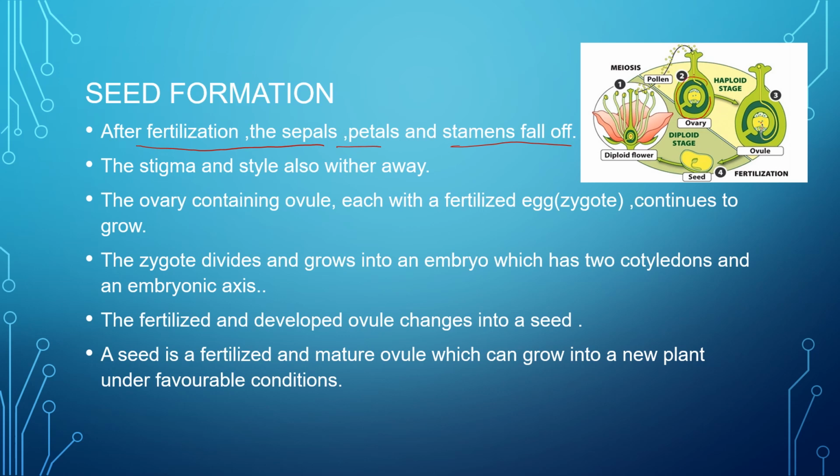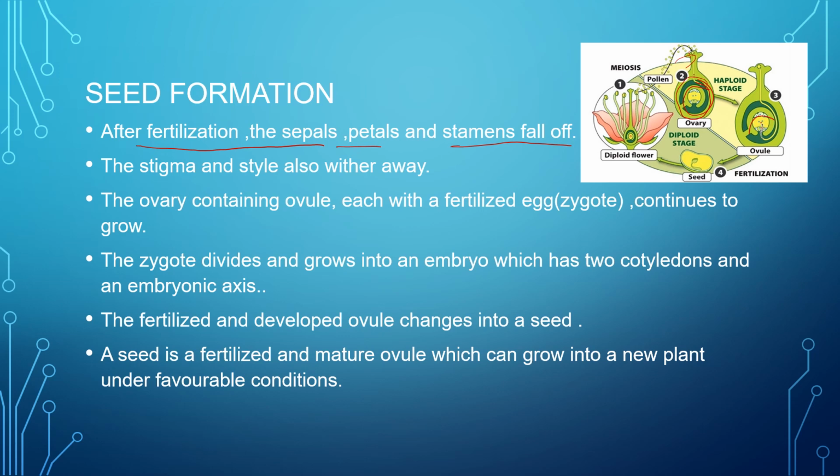After the pollen falls on the stigma, the pollen tube grows through the style to reach the ovules inside. The nucleus of the pollen tube divides into two male gametes, as we have told earlier. The male gamete travels down the pollen tube and fuses with the egg cell inside the ovule, and thus a zygote is formed.